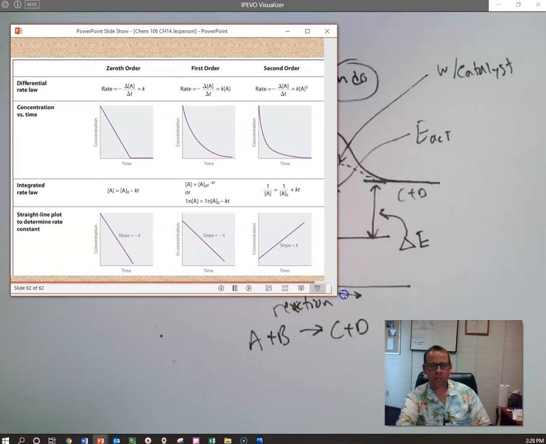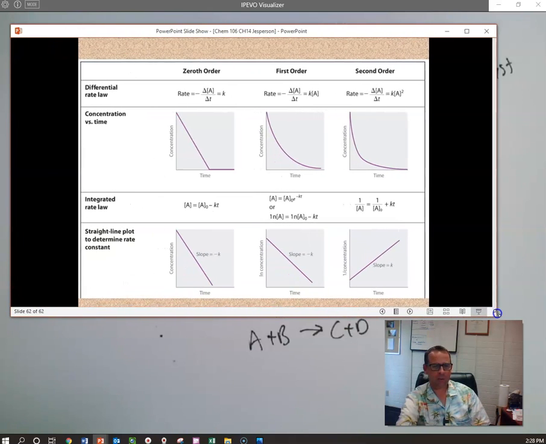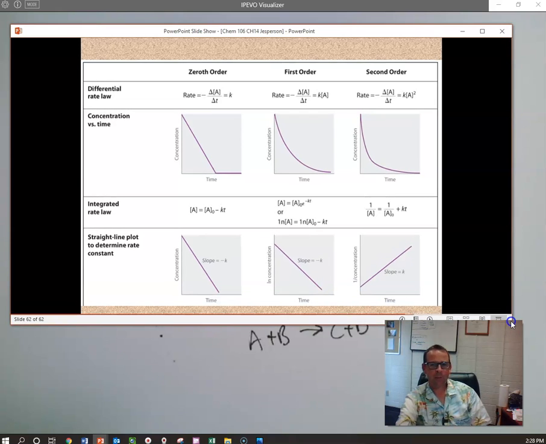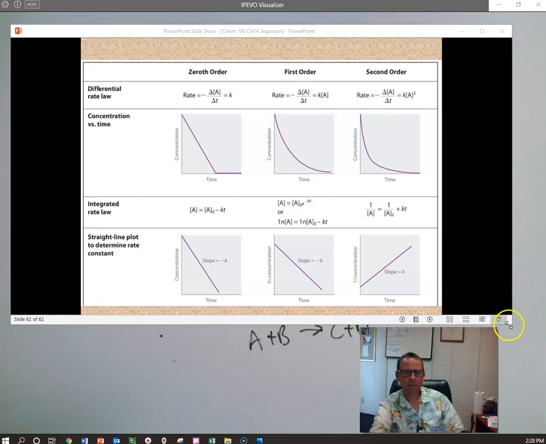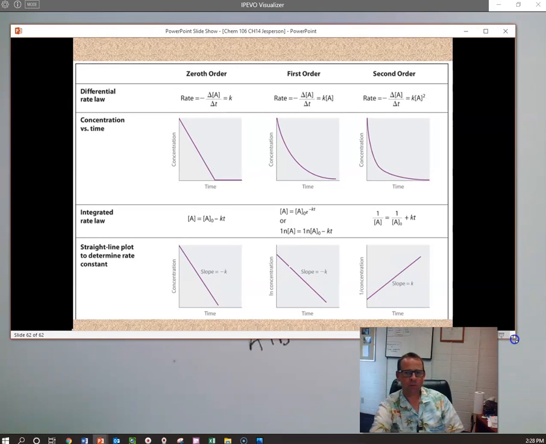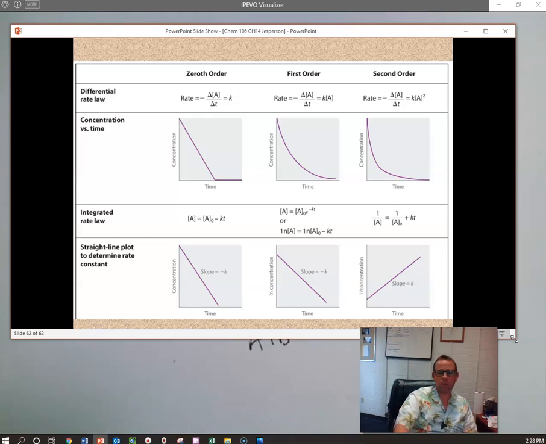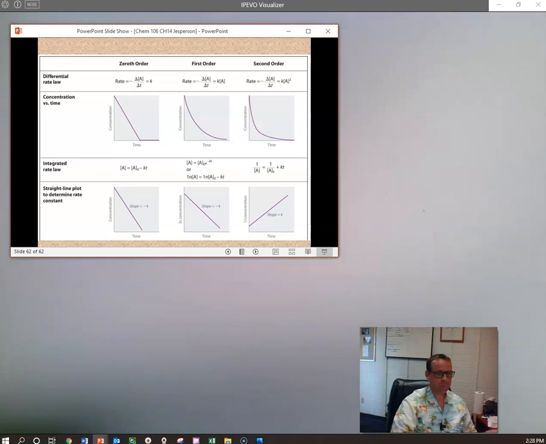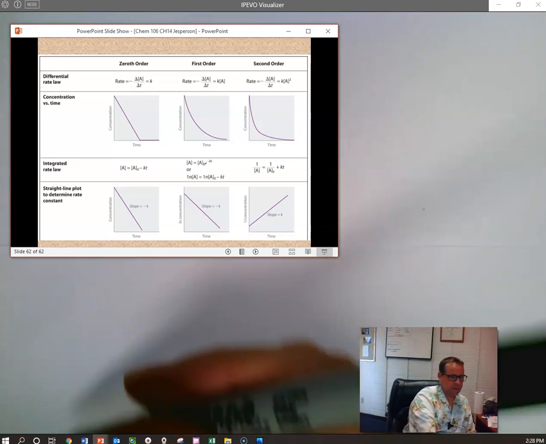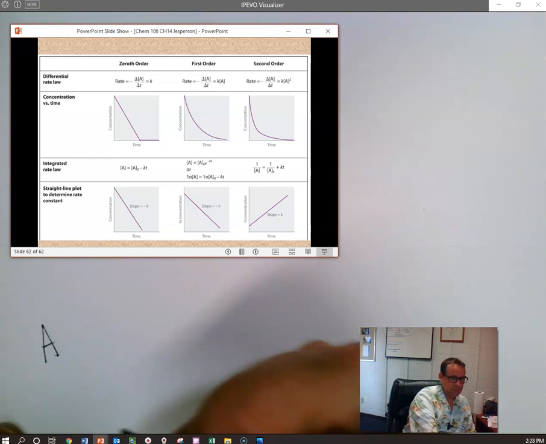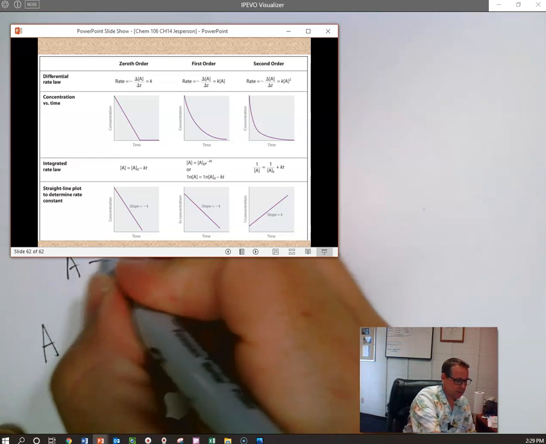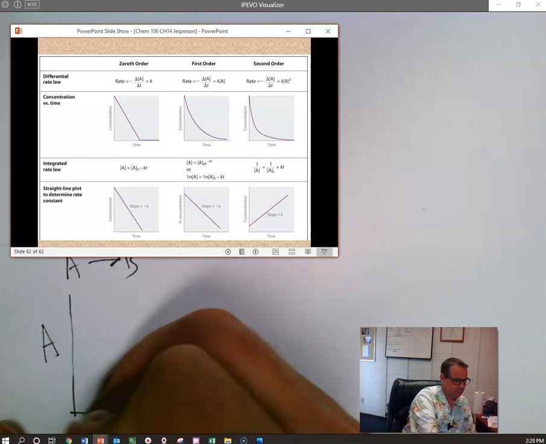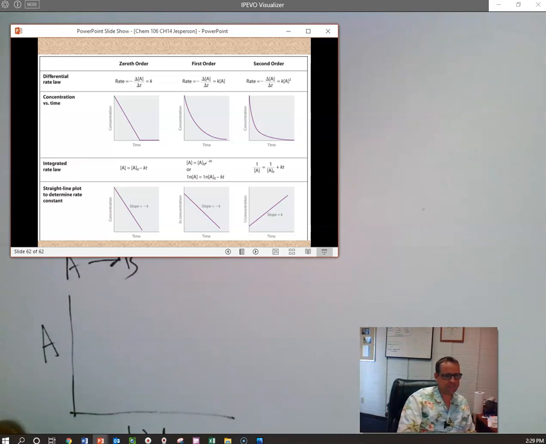All right, there's one other thing we need to talk about, and then we're done with this chapter. The last thing we want to talk about is these progress curves. Now let me remind you what a progress curve is for a reaction. A progress curve is when we take a chemical in a reaction, a reactant, A going to B, versus time.